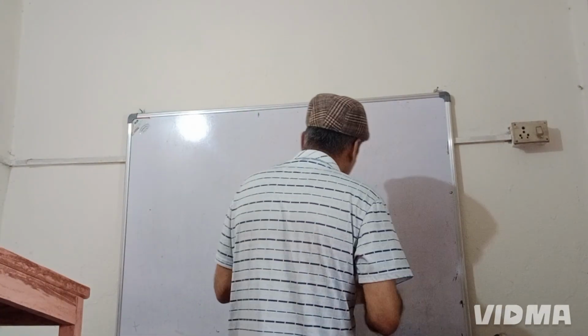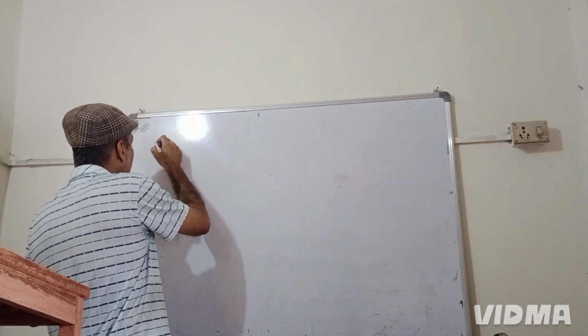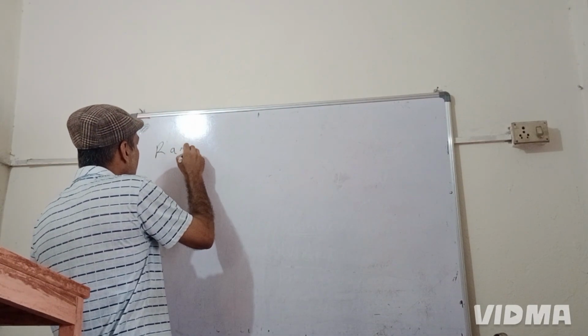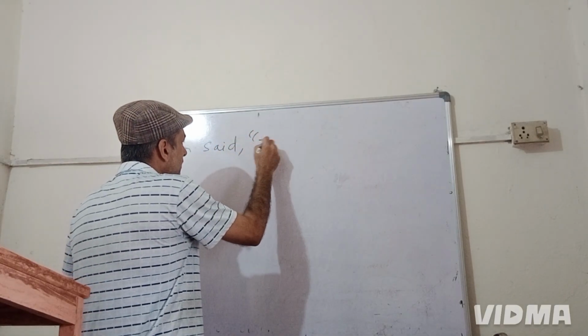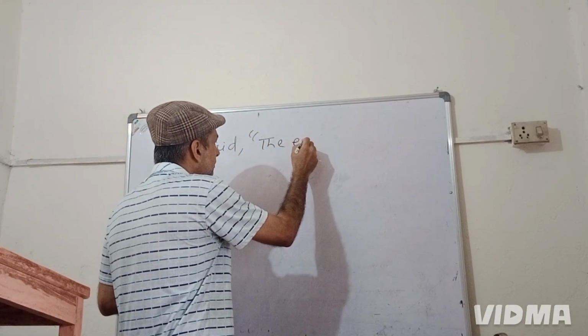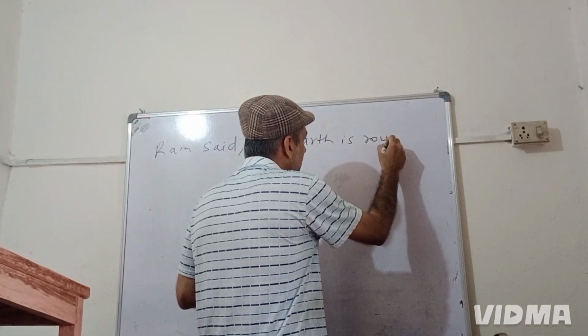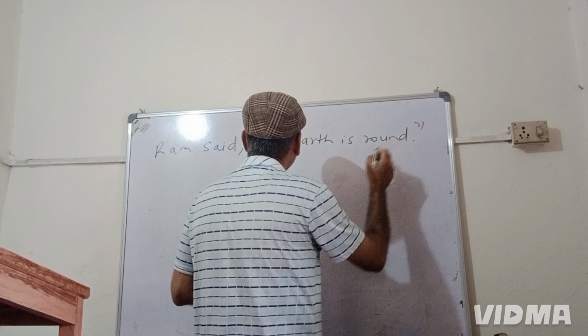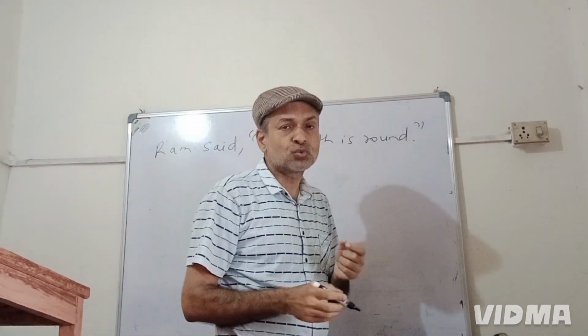Now we cannot ignore this fact that the earth is round. We cannot deny this fact. We cannot falsify this fact. We cannot say the earth was round and now it is flat. So in cases of universal truth, which cannot be denied by anybody, it remains the same. There is no change made in that case.